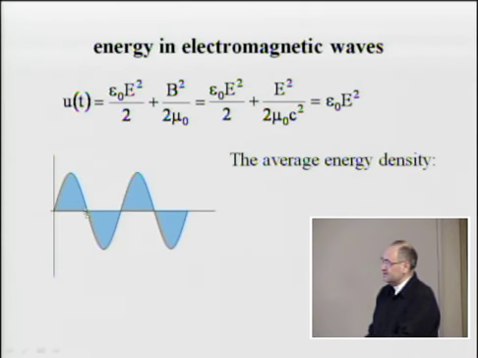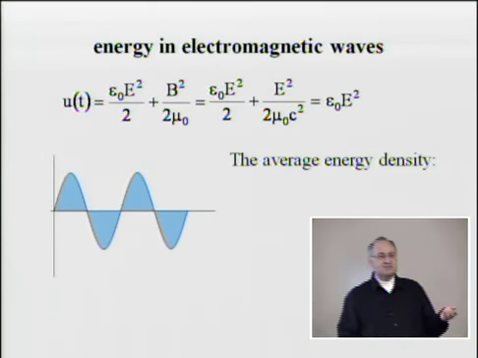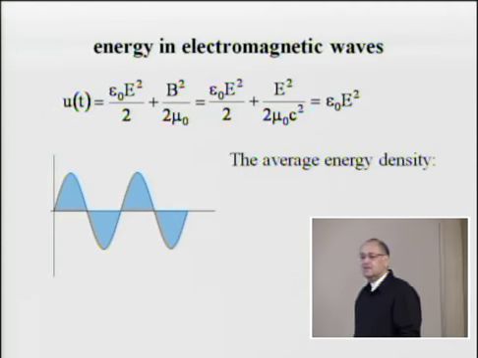We have one pulse over here, another pulse over here, another pulse over there, but they are coming to us with such a frequency that we don't care what is the intensity at a particular pulse and between them.